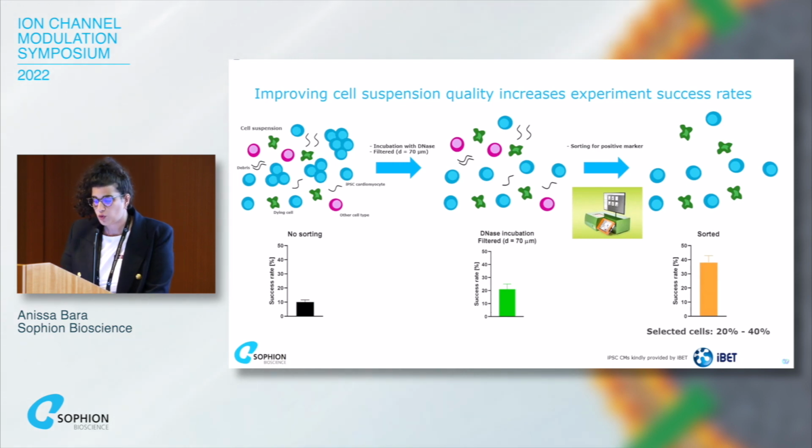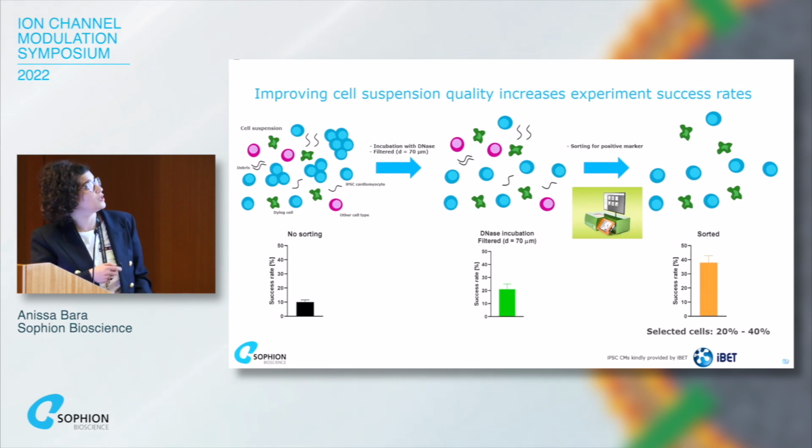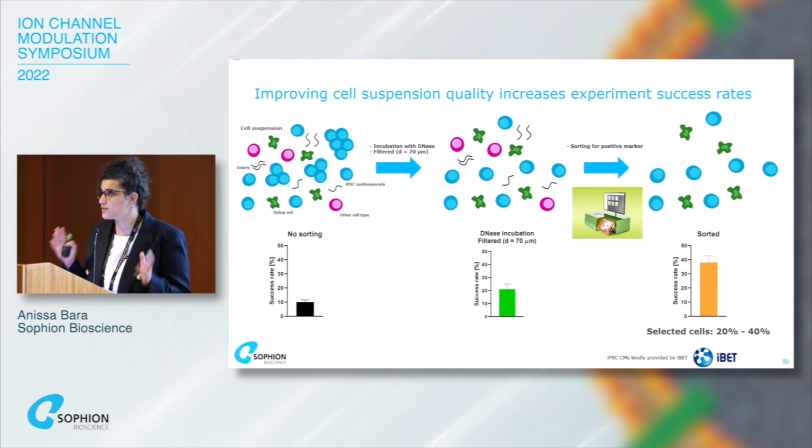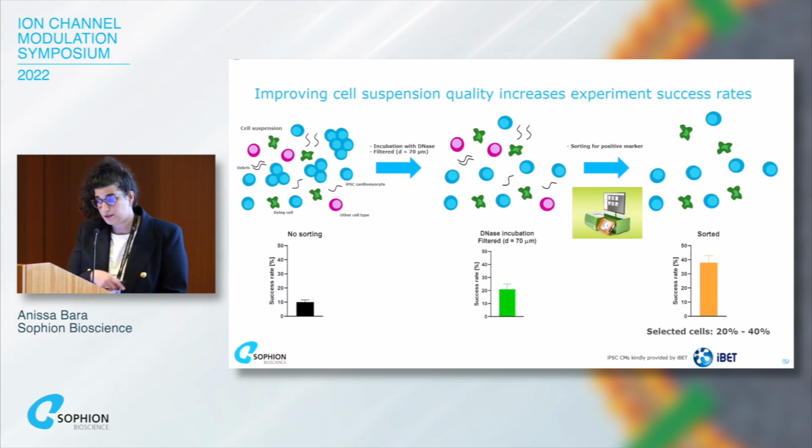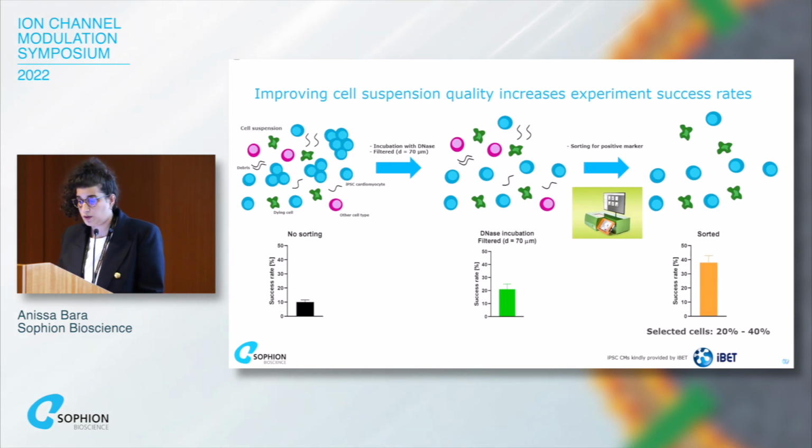So when we add another step, when we incubate our cell preparation with DNase to make the cell suspensions less sticky and to get rid of most of the cell aggregates, we can increase our success rate by a factor of 2. And finally, this is something that we have been doing in our lab: working with a cell sorter based on molecular and functional markers.